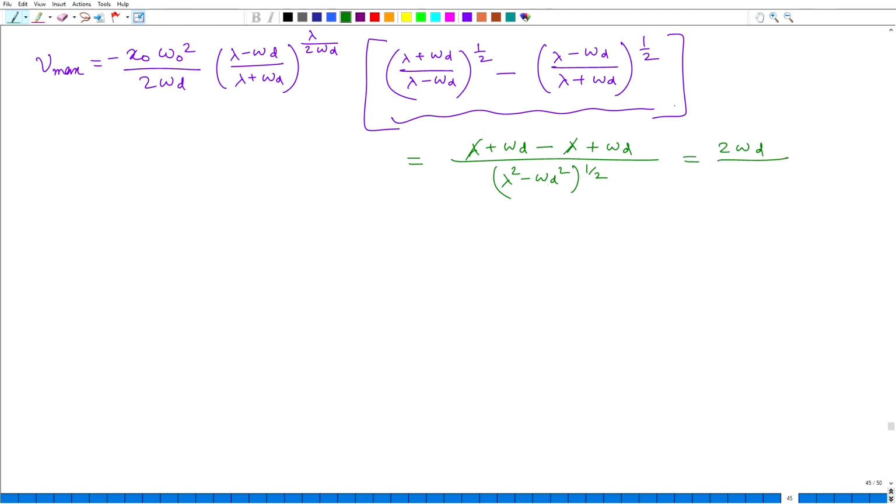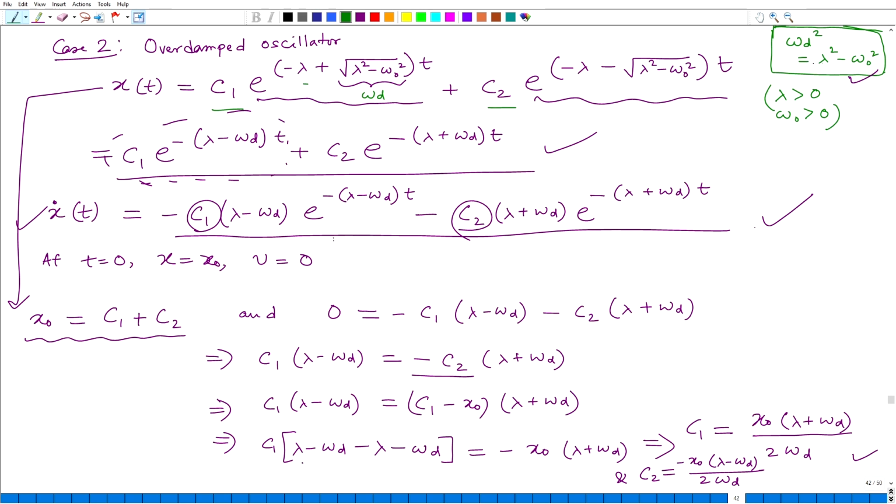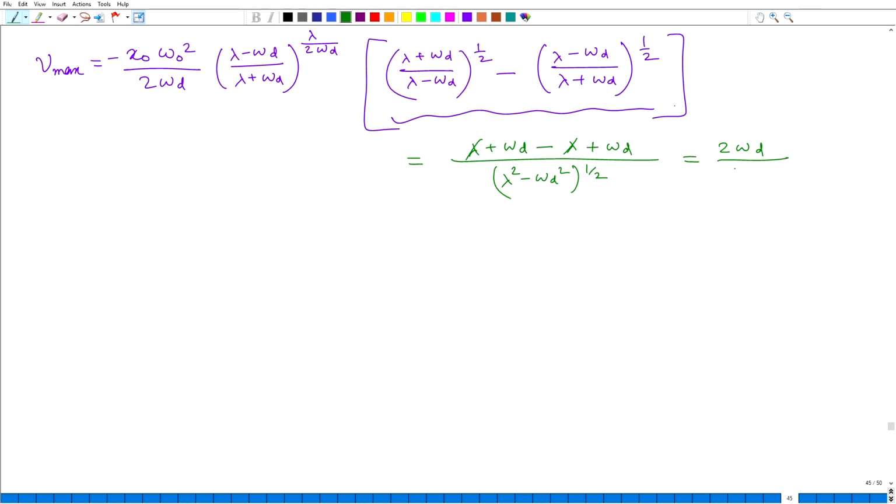What is again lambda square minus omega d square? Lambda square minus omega d square is omega 0 square. Okay. So, this is omega 0 square whole to the half, that is omega 0. So, I can now write V max will be simply equal to minus x 0 omega 0 square by 2 omega d, lambda minus omega d by lambda plus omega d whole to the lambda by 2 omega d times 2 omega d by omega 0.